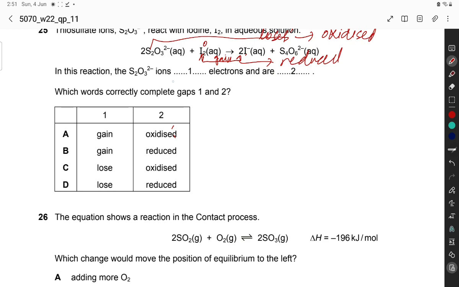So thiosulfate ions lose electrons and are oxidized, this is wrong, so C option is correct.